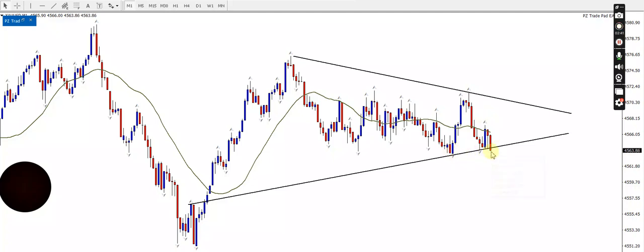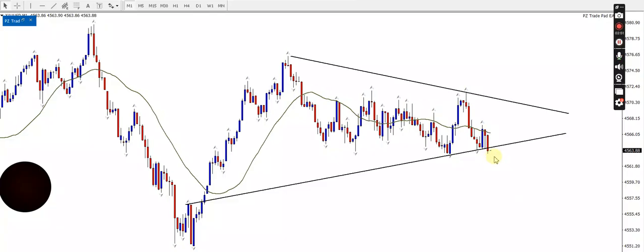So if we're having, say, a breakdown as is going on right now to the downside, we expect that price could follow through in the short term. In this instance, we expect another leg down, or something to that effect.